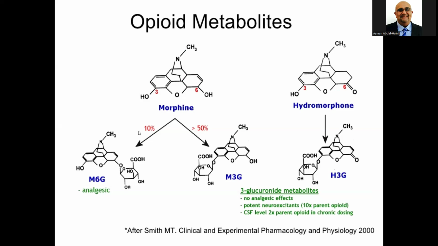When you have a patient on morphine and he develops renal failure, for example, and then he will start to accumulate the metabolites, he will get a mixed delirium. Why? Because we have M6G and M3G. So you go and see the patient.